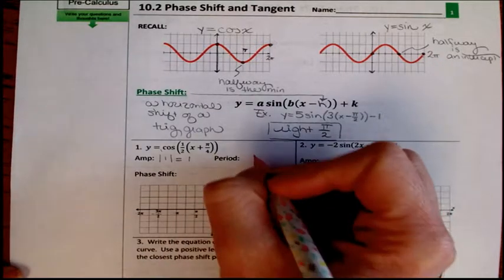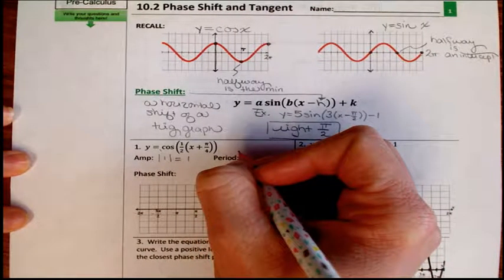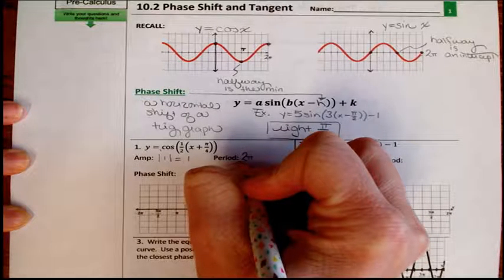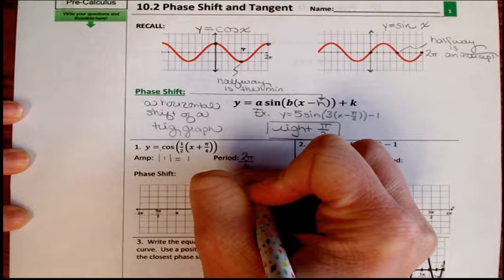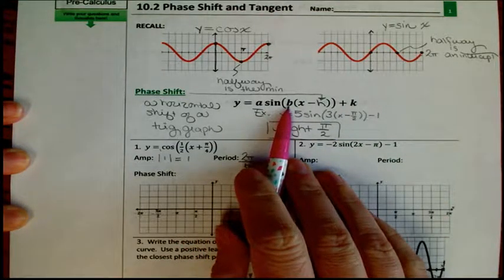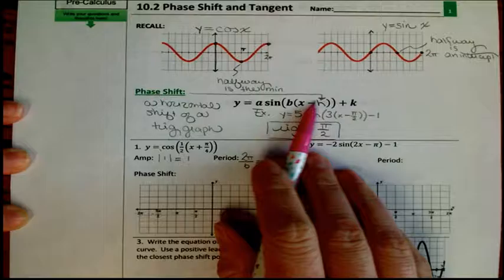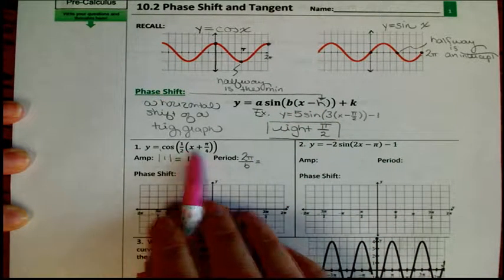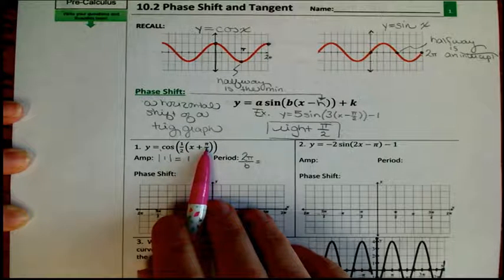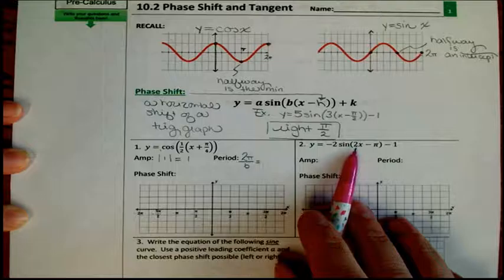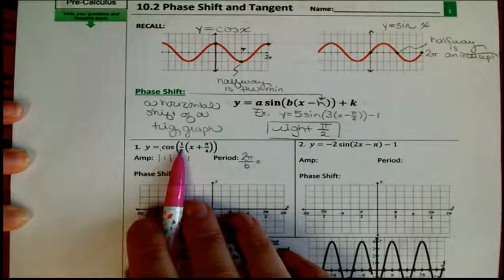Our period, we use the equation 2 pi divided by our B value. And our B value for this equation is what is in front of your x, no matter what.